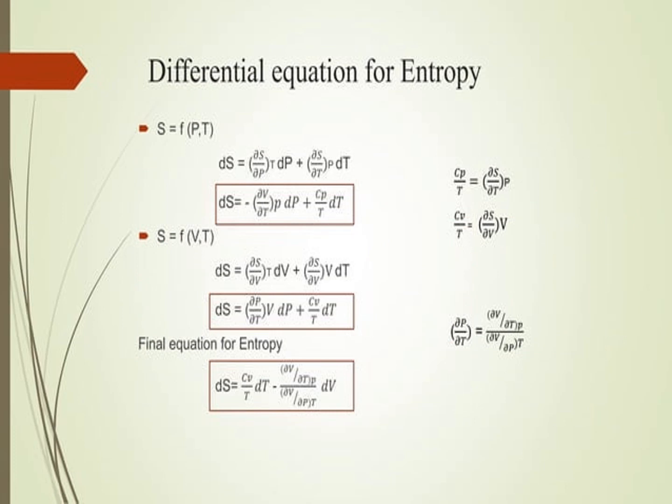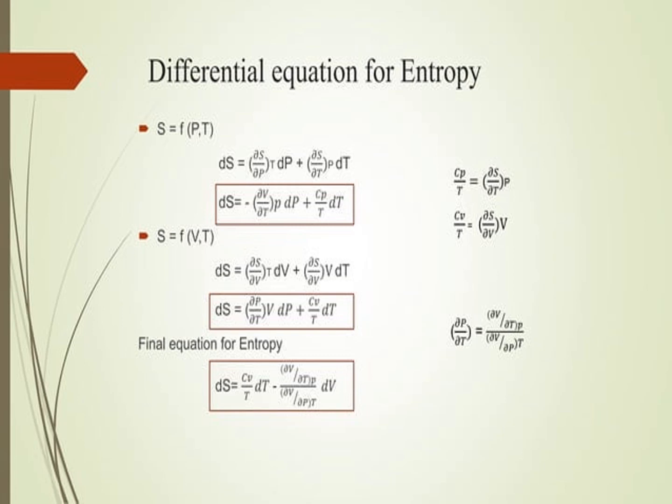After solving the Maxwell relations, we can derive the differential equation for entropy. For the differential equation for entropy, we take the canonical variables like z is equal to a function of x comma y.